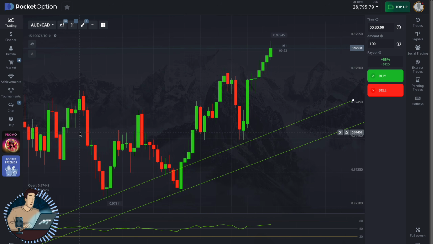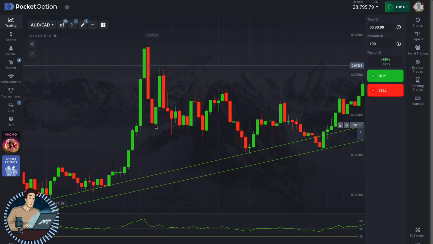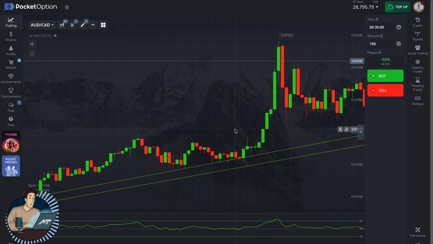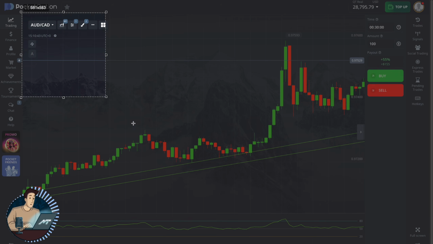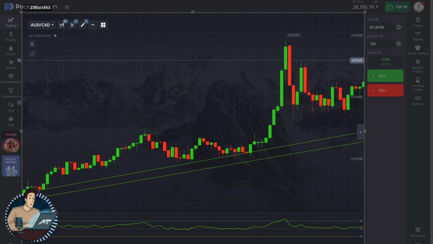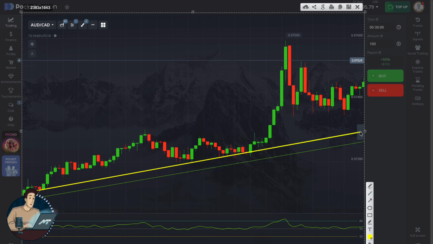I want to show you something that completely changed how I look at charts. Before any real move off a trend line, the market shows you a warning right there on the chart, before the move happens. Watch what happens to the candles when price gets close to the zone. They get smaller, quieter.